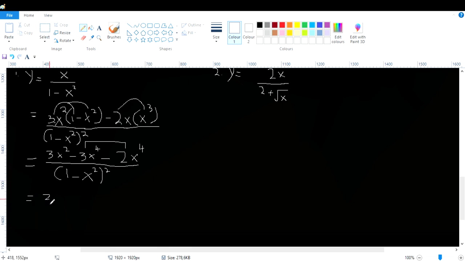It's 3x squared, and here we have like terms, minus 5x to the power 4, all divided by (1 minus x squared) inside the brackets, then to the power 2.